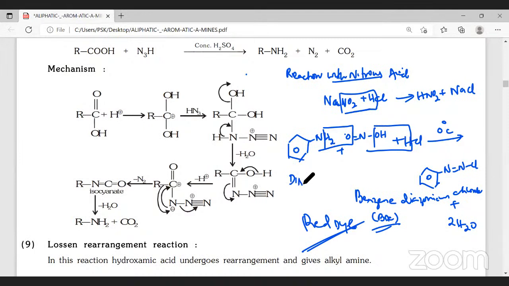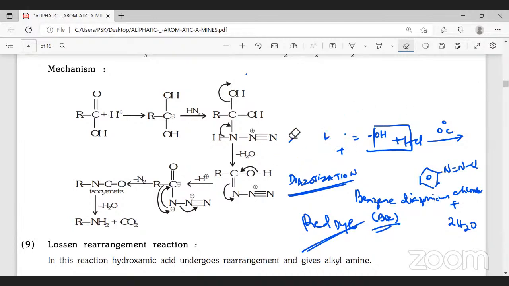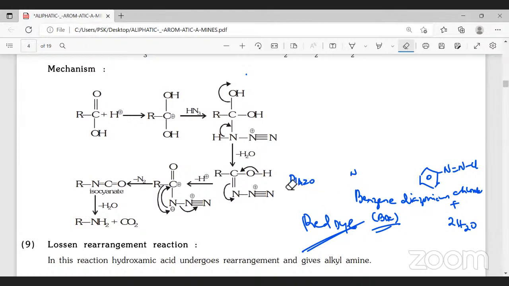This reaction is called diazotization reaction. Di stands for 2, azo stands for nitrogen. This molecule contains 2 nitrogen, therefore it's called diazotization reaction. So they can ask you the reaction of nitrous acid with aliphatic amine and aromatic amine. With aromatic amines, it is called diazotization reaction.